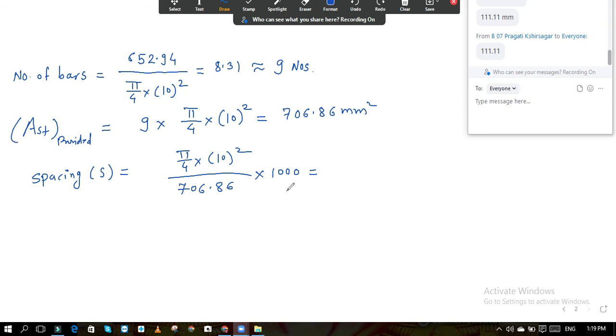The answer is 111.11 mm. We will round down this spacing to 110 mm center to center. So here we write: provide 10 mm diameter bars at 110 mm center to center.